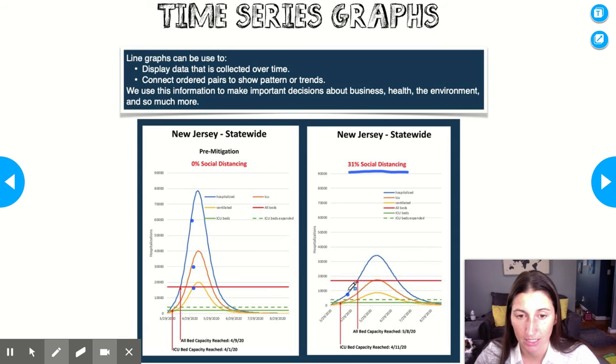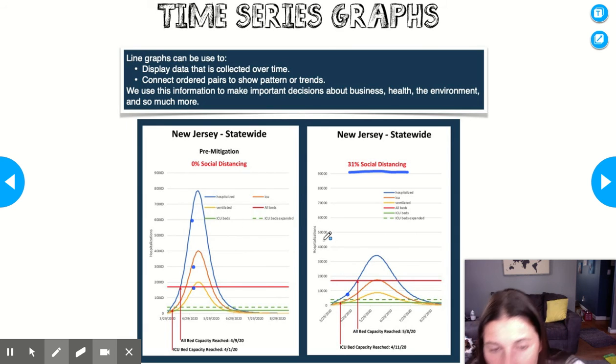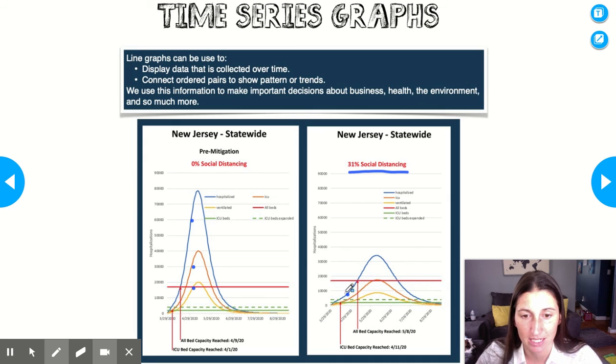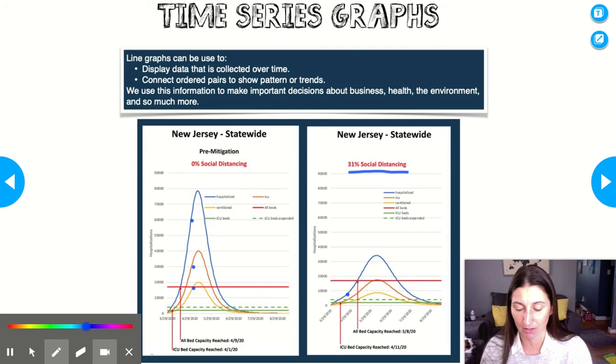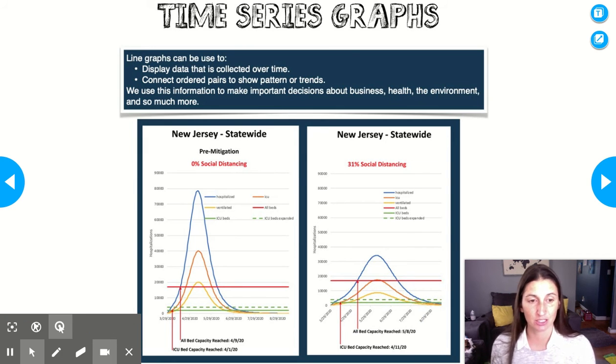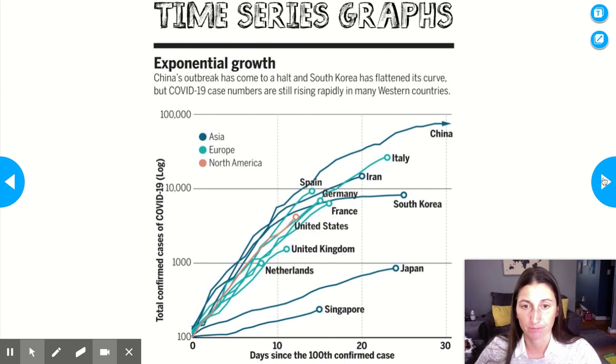April 29th is already at 60,000, right? And at this date, it's just under 10,000. So we're showing a significant decrease, and you can visually see that without comparing the numbers when we draw these graphs. And that's why we use time series graphs, and that's the benefit of them, is that we can actually see the data and what it's trying to show us without having to look at the actual numbers.